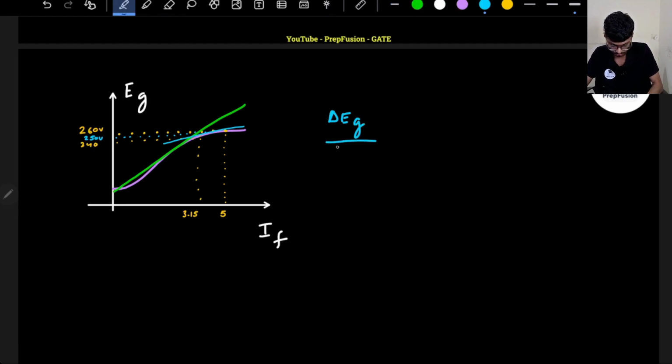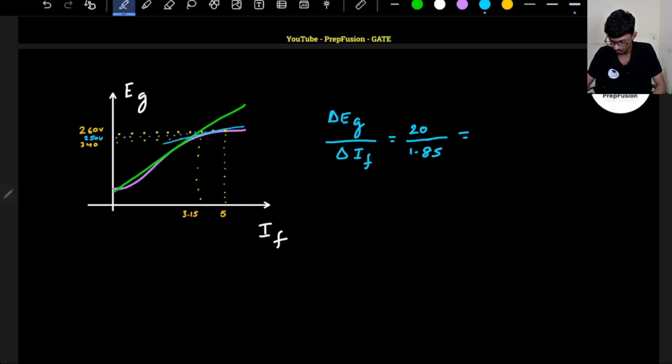Slope in this region is delta Eg divided by delta If. Delta Eg will be 20 volts, divided by delta If, which is 1.85 amperes.